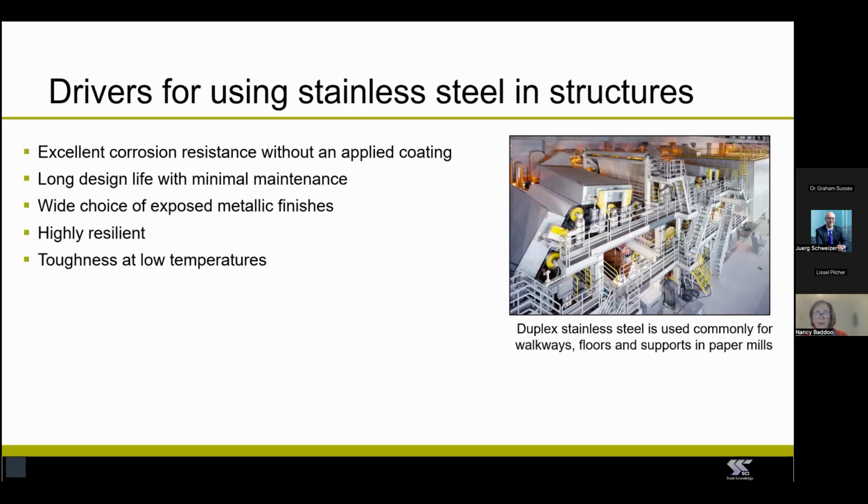The fifth driver for using stainless steel is that the austenitic family have an extraordinarily good toughness at very low temperatures. So they are used in cryogenic applications such as LNG tanks and in the chemicals industry. And as I mentioned, austenitics are non-magnetic, so that is used sometimes for certain structures in the medical or defense industries.